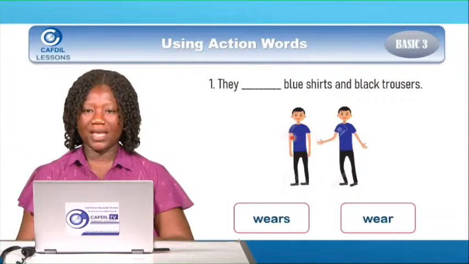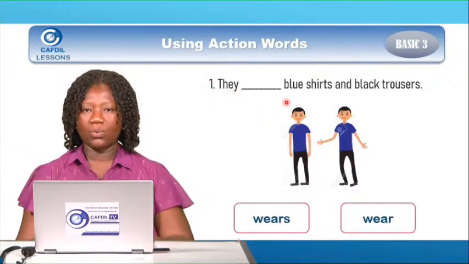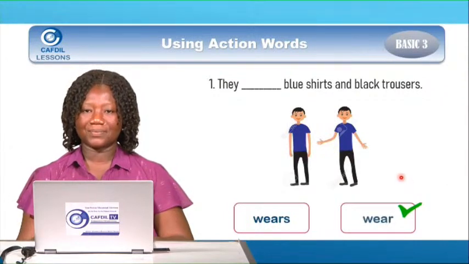Let's describe their action. Using they, let's talk about them, the action. They wear blue shirts. So let's see, did you take wear or you took wears? So if you took this one, you are correct.